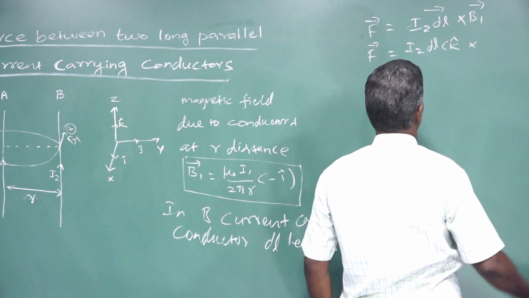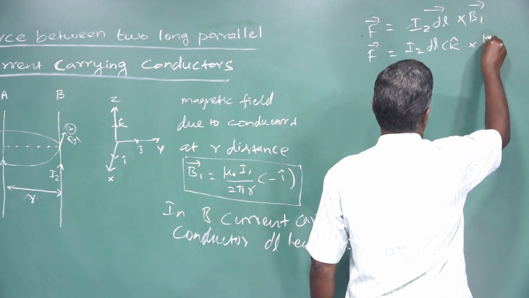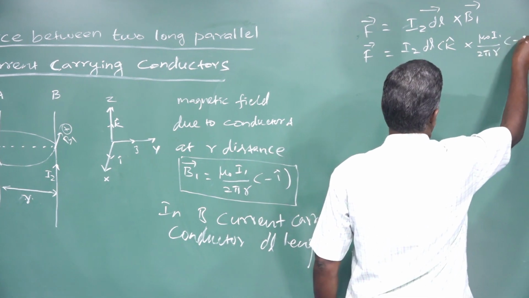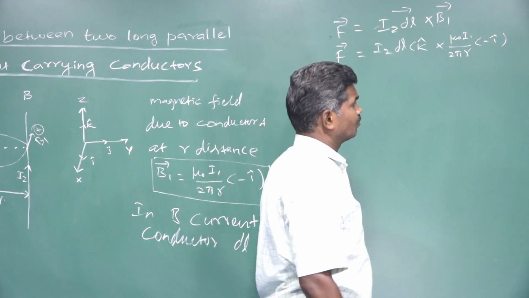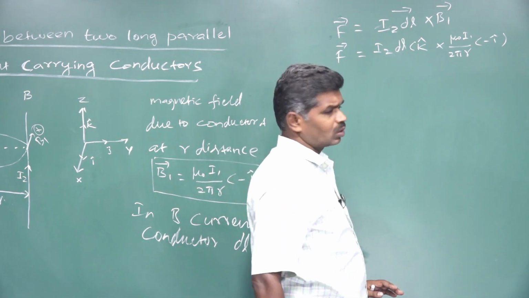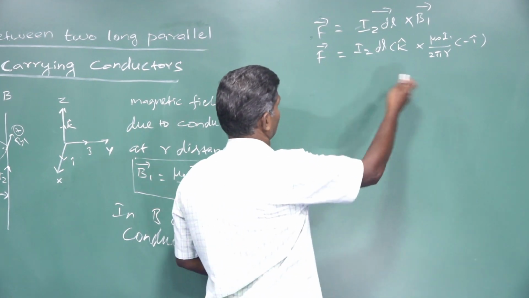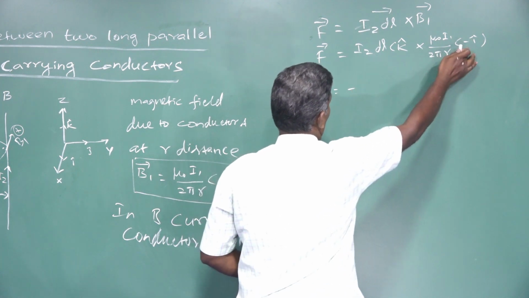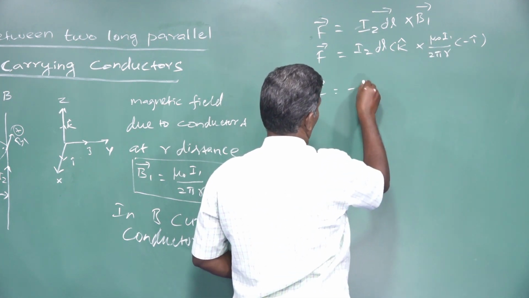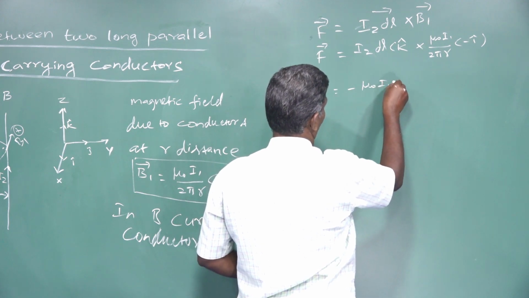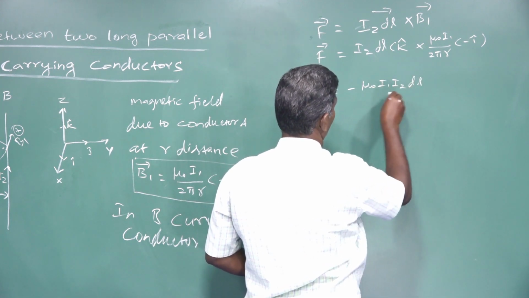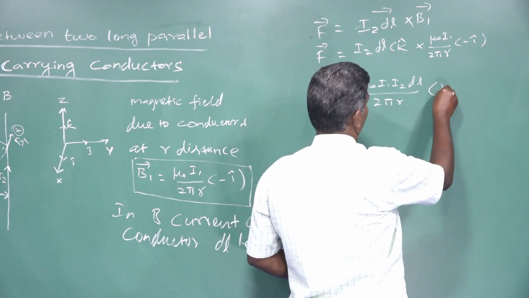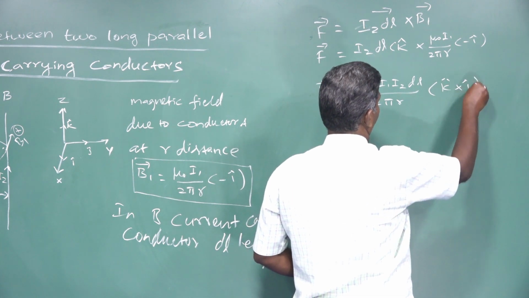We know that B1 vector can be taken as mu naught I1 divided by 2 pi r into minus i cap. We take the vectors to one side, and the remaining factors are taken here. That is, F vector is equal to minus mu naught I1 I2 dl divided by 2 pi r into k cap cross i cap.